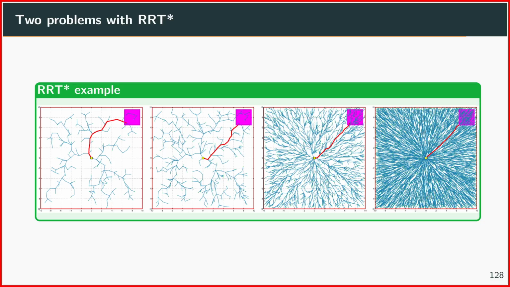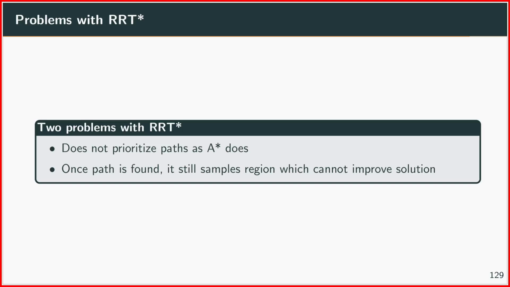But really in the end we don't need all those configurations down here. They don't make sense, because we already know that there's a path here, and all the configurations out here cannot actually lie on an optimal path if we already found a solution here. So those are two big problems, and they make RRT star super inefficient.